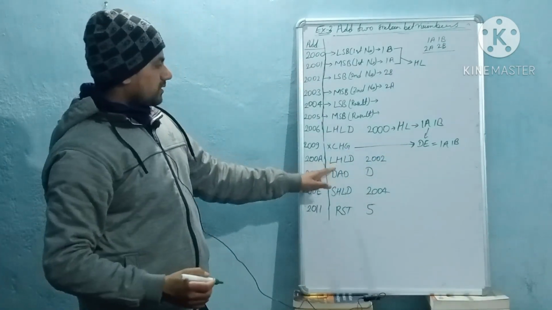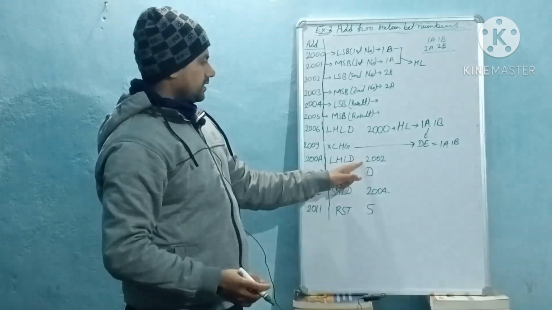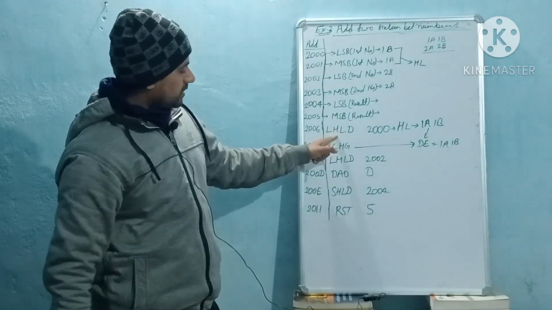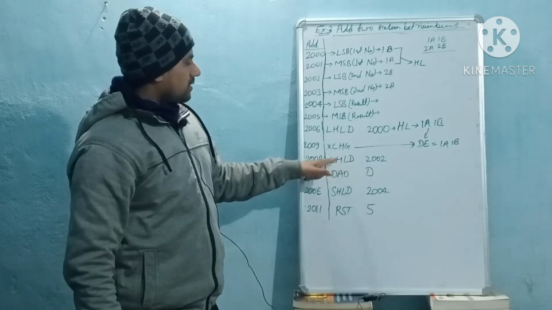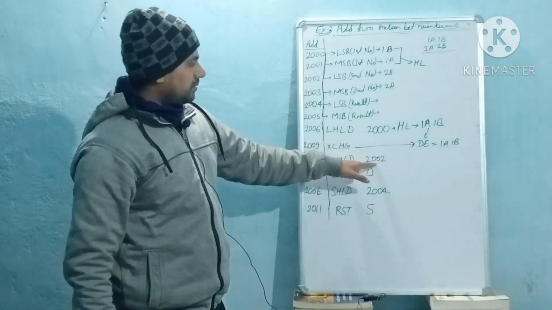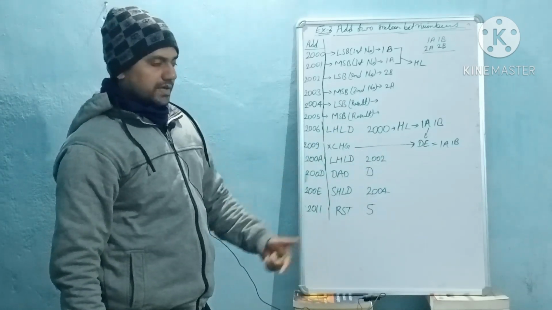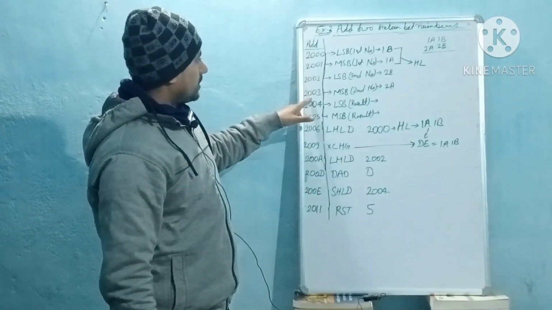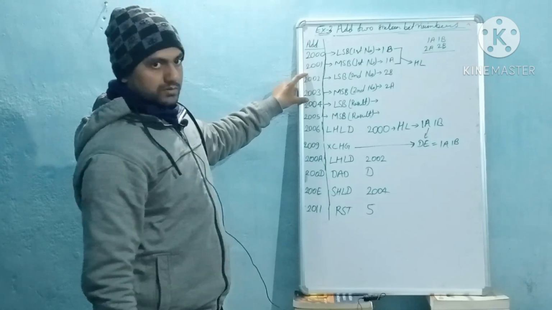Then the next instruction, that is LHLD 2002. By using this instruction, the same as the first instruction, we are loading the HL pair with the content of 2002 and 2003.